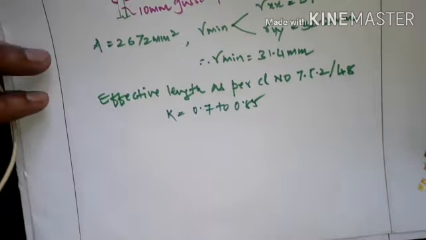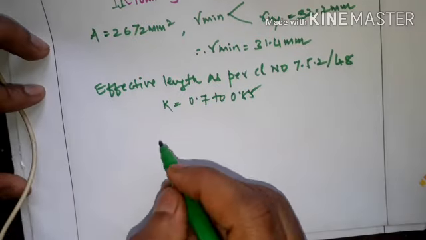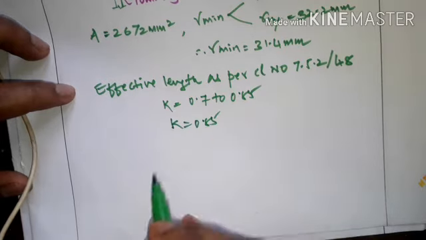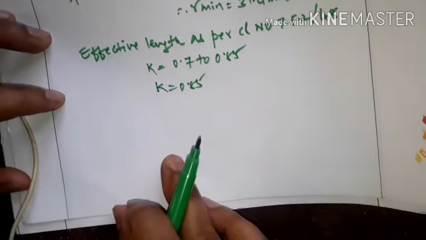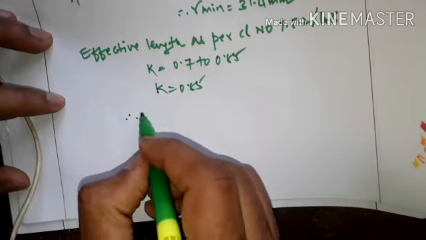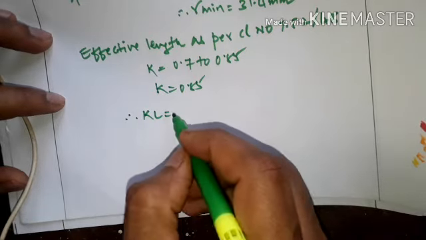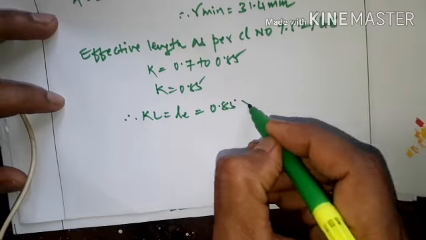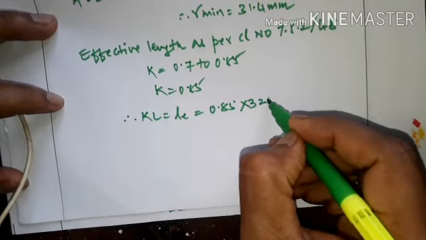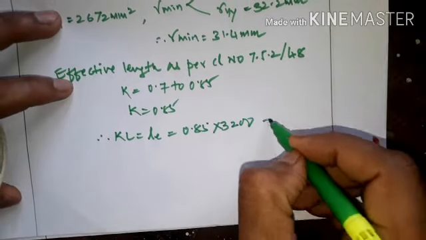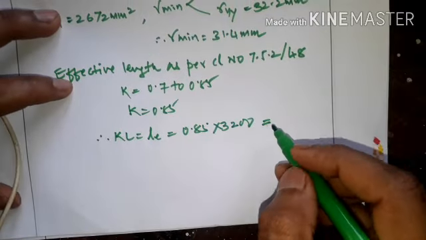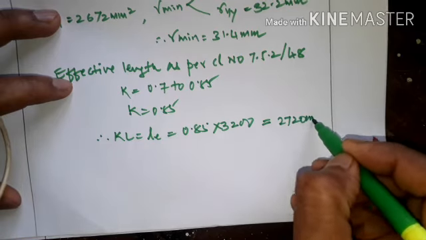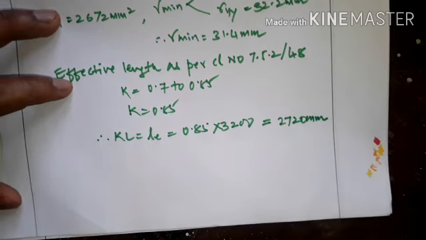I'll take K as 0.85. Therefore KL, that is the effective length LE, is 0.85 times the length of 3200 mm. So we got this as 2720 mm.